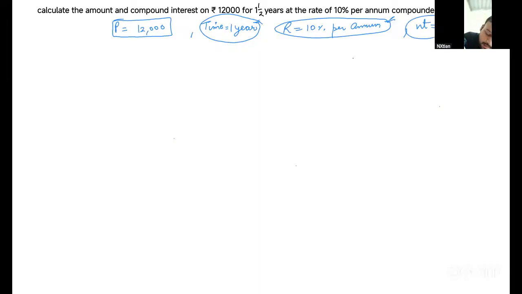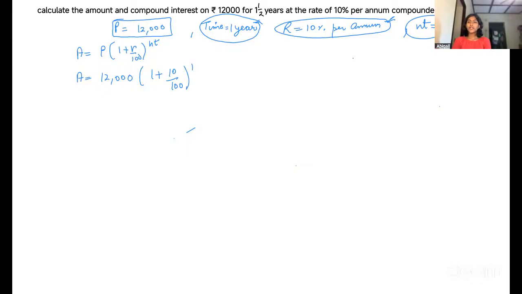Okay. So the amount formula is equal to principal times 1 plus R upon 100 to the power nT. The amount is equal to principal, which is 12,000, times 1 plus R. Can we do it normally and take the power as 1.5?